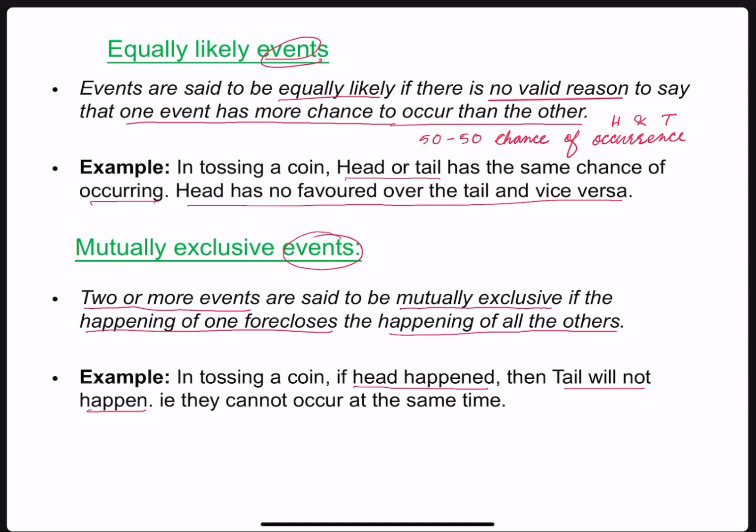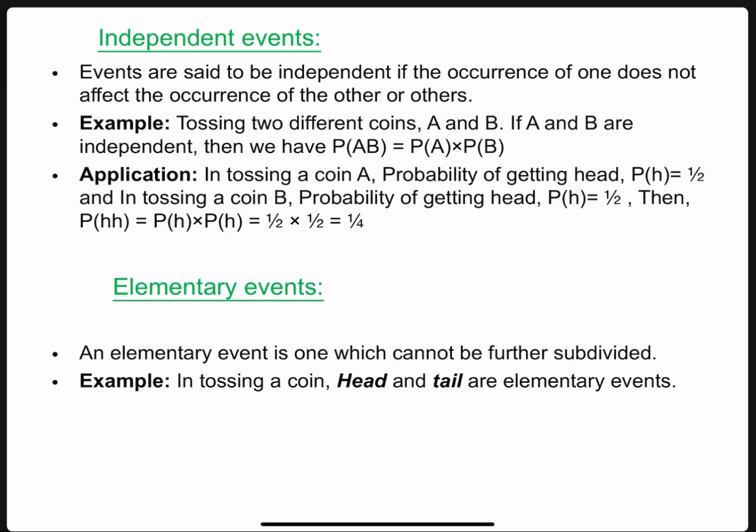Remember, there have to be two or more events. So what is an event? Any component or subset of the sample space. Remember that. Next, let's go to independent events. An event is said to be independent if the occurrence of one, let's say head occurs, does not affect the occurrence of the other or others. Suppose you toss a coin and head occurs.